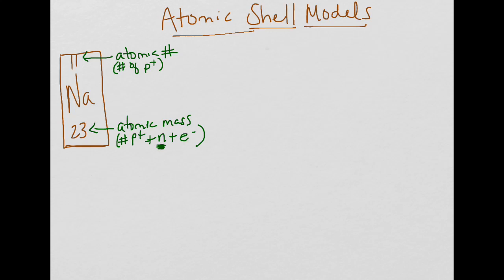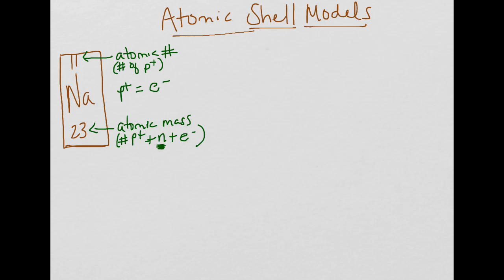Okay. All right. As a rule, if the atom does not have a charge, which it should not if it's on the periodic table, then protons will always equal the electrons. Okay.